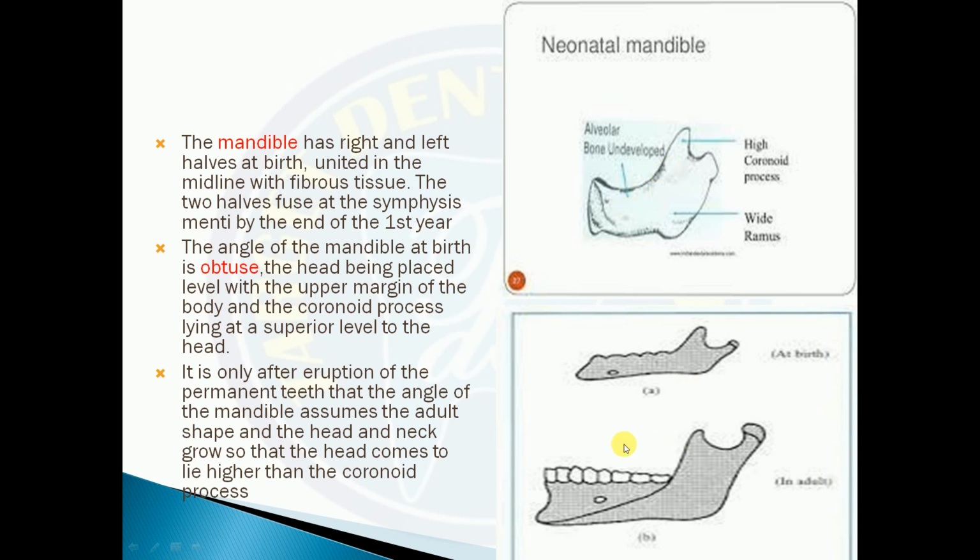With the eruption of the dentition, the angle gets acute. The head is placed level with the upper margin of the body and the coronoid process. Only after the eruption of the permanent teeth does the angle of the mandible assume the adult shape, and the head and neck grow so that the head comes to lie higher than the coronoid process.